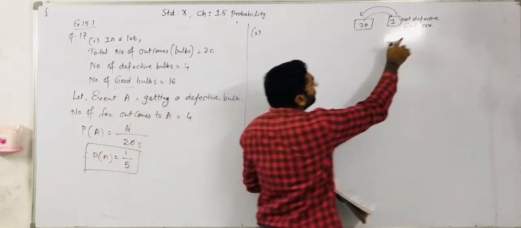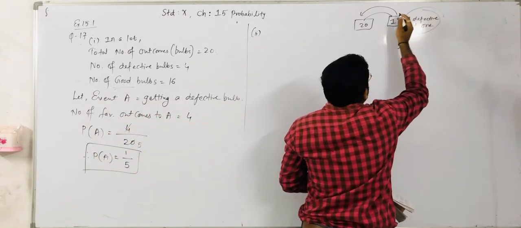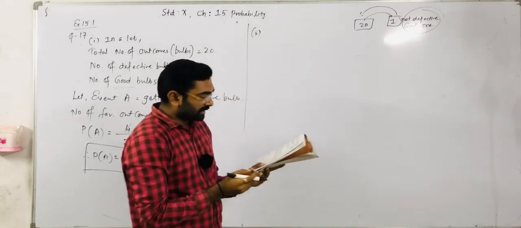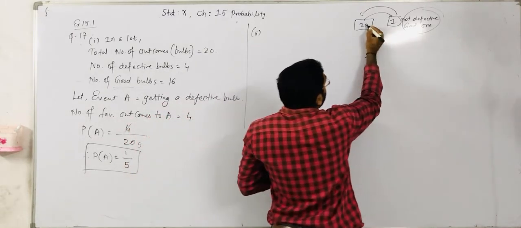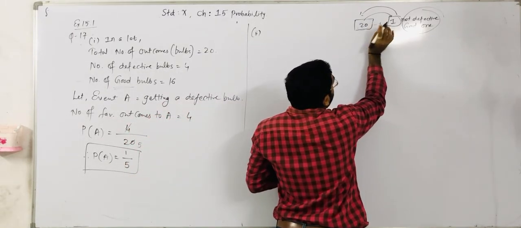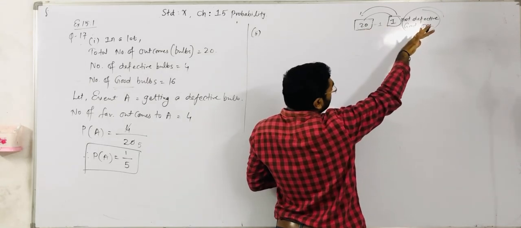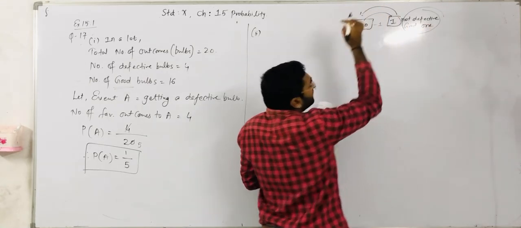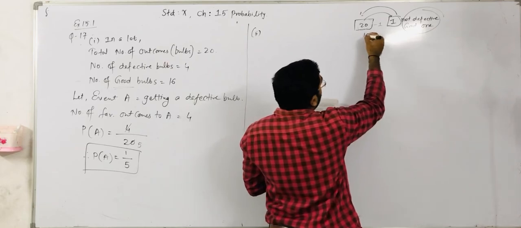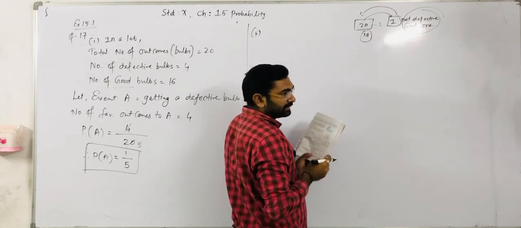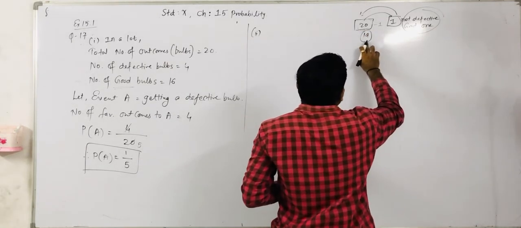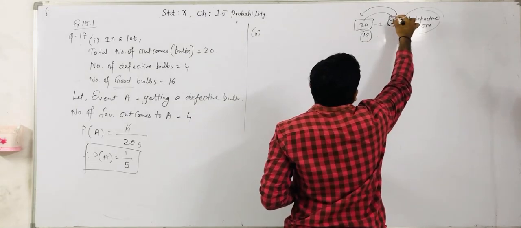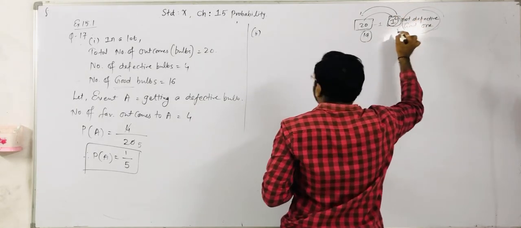So from the 20, one bulb is put outside, because we are not replacing it in the lot. So how many bulbs in total do we get? 19.